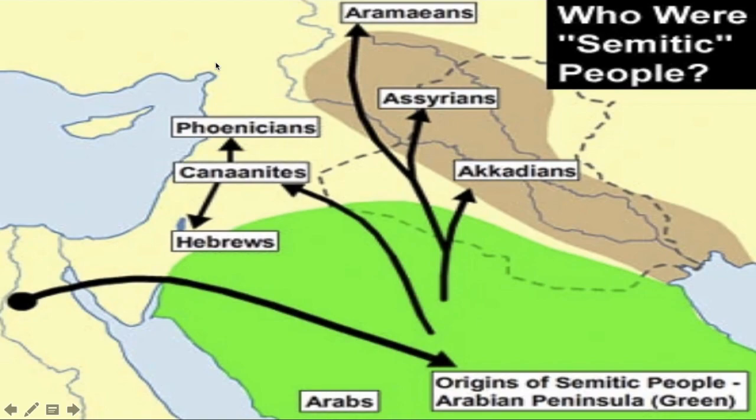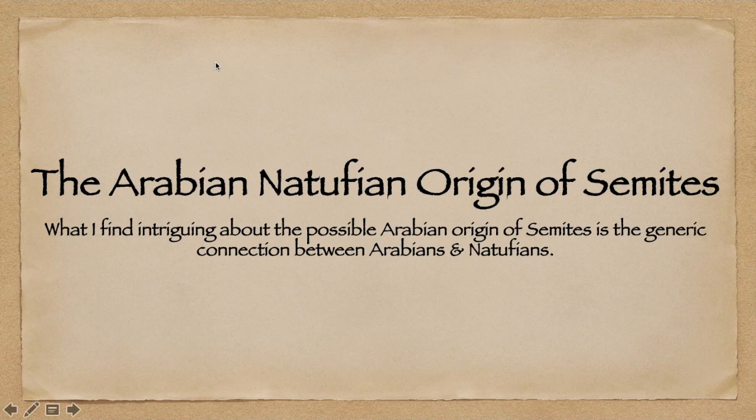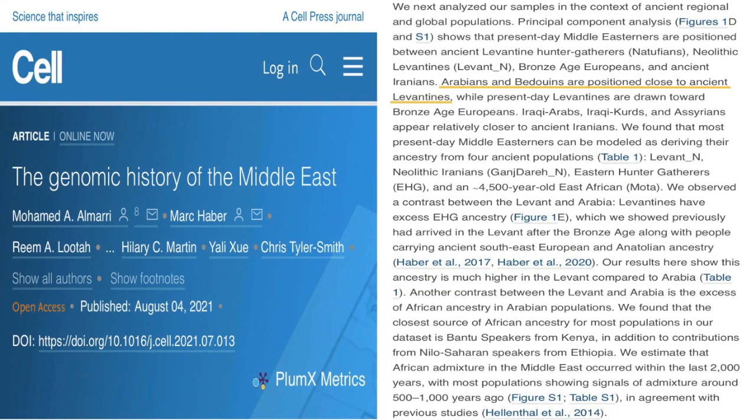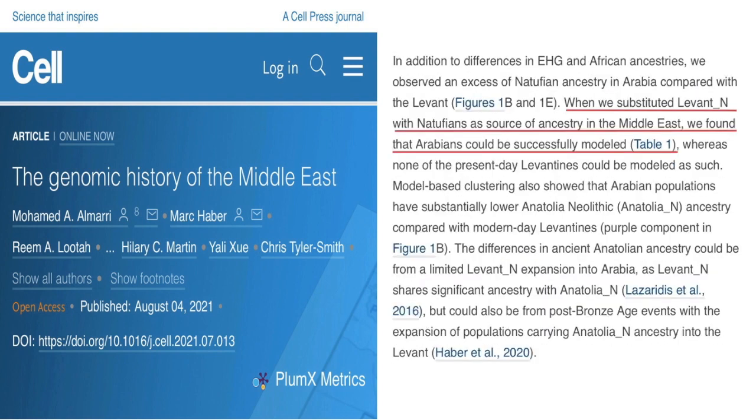It's a very interesting one. What I find intriguing about the possibility of an Arabian origin of Semites is the genetic connection between Arabians and Natufians. This is from the genomic history of the Middle East, and it reads, Arabians and Bedouins are positioned close to ancient Levantines.